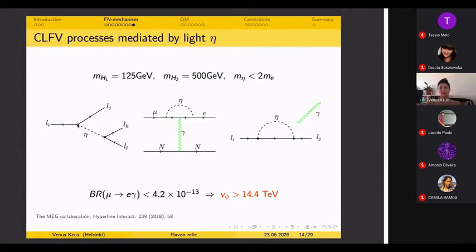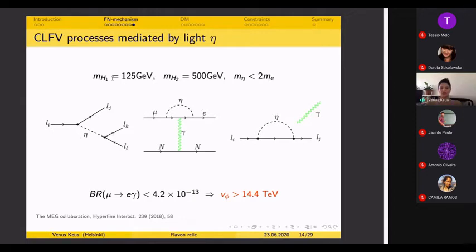By definition, if the flavon didn't mix with the Higgs at all, you would have zero contribution to this process from H1 and H2.